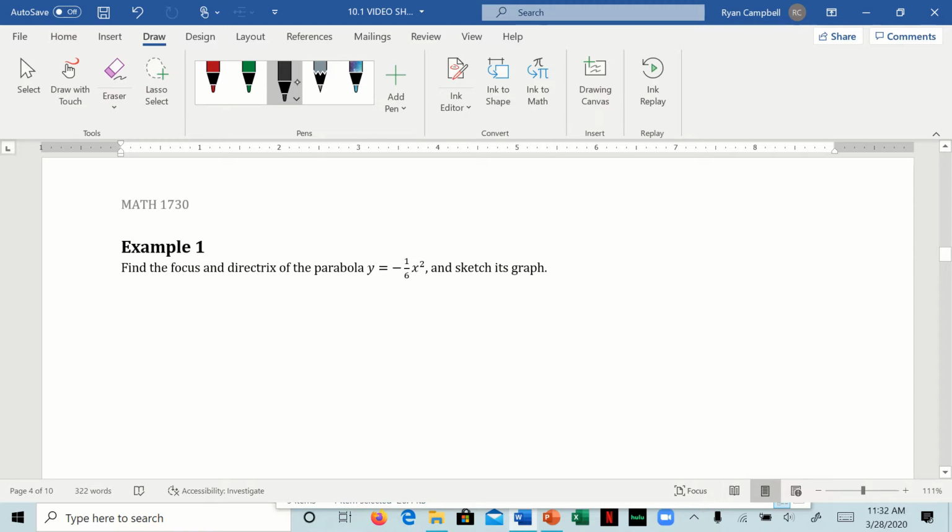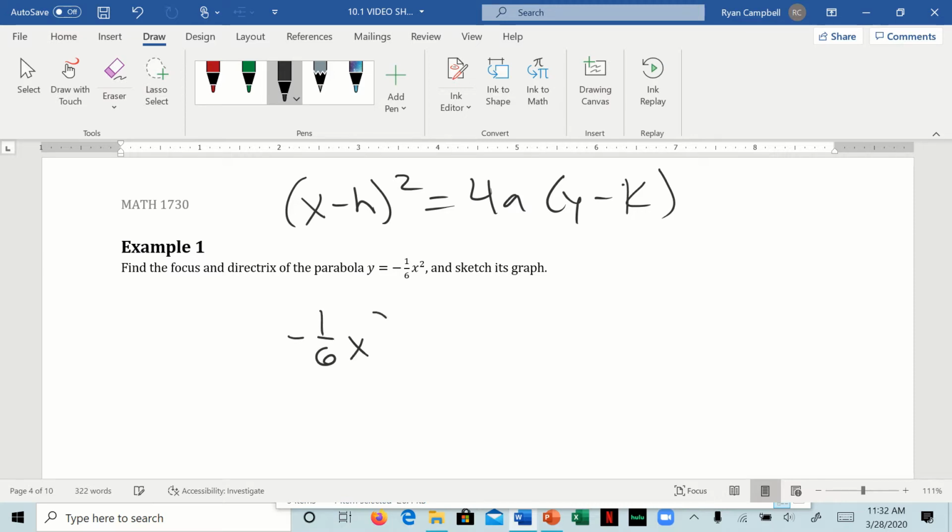So let's find the focus and directrix of the parabola y equals negative 1/6 x squared. We can see that x is being squared, so our formula should look something like this. Let's make sure that the x squared is on one side, so let's flip the sides: x squared equals y.